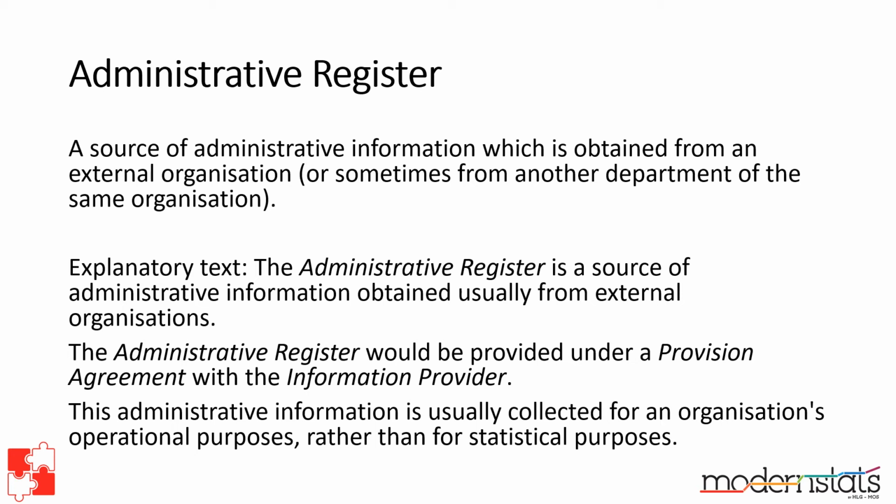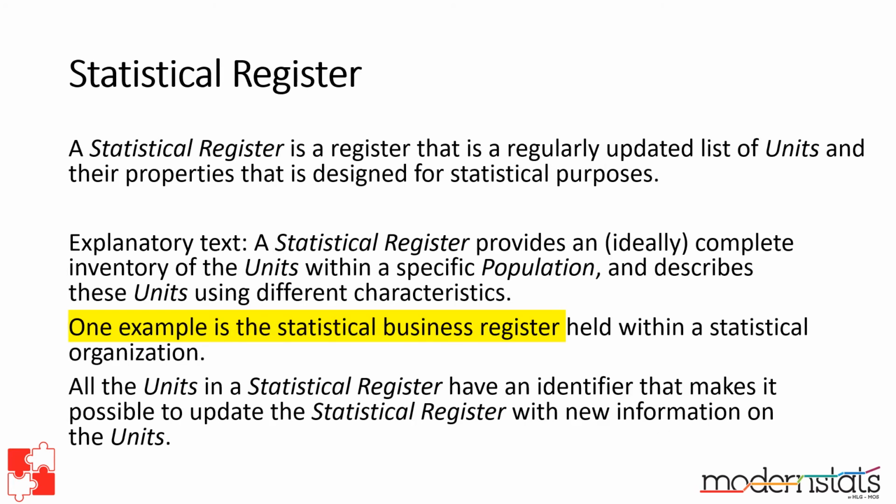And the interesting thing about the administrative register is that it's usually collected for an organization's or operational purposes rather than for statistical purposes. So we take the administrative register in and we might change it to a statistical register to make it appropriate for statistical purposes.